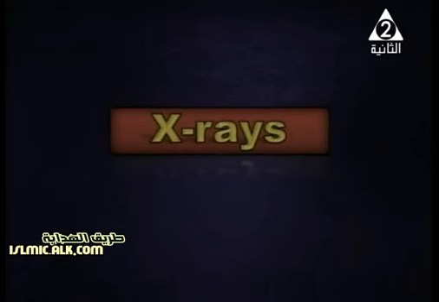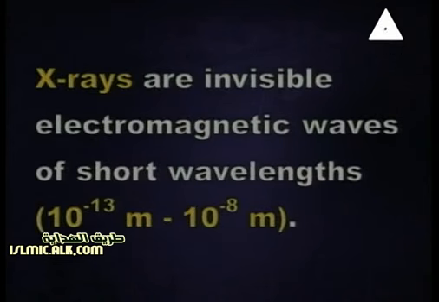And now talking about X-rays. As a matter of fact, X-rays are invisible electromagnetic waves. But there is something very important that characterizes X-rays. They are invisible electromagnetic waves of short wavelengths.